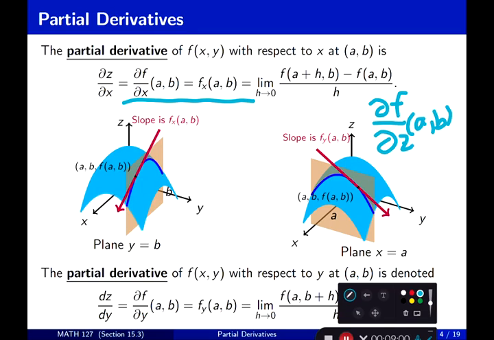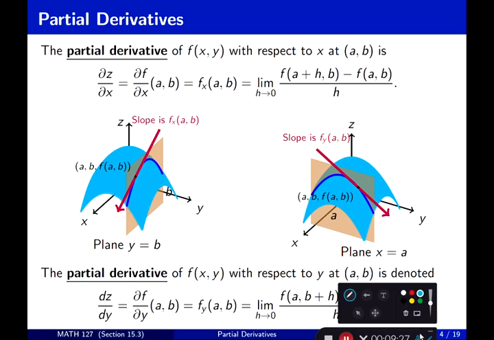Or you can write the partial of z with respect to x, or you write it as f sub x of a and b. All of those are okay to use.